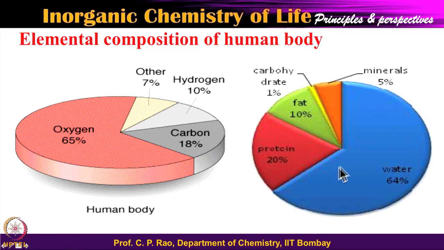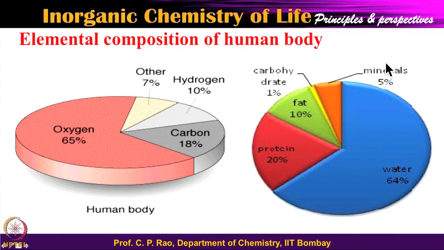The body has a huge amount of water, 64%, which is almost 2/3, and only 1/5 is protein, about 1/10 is fat, and much less is carbohydrate and some minerals, etc. Whatever you have, the really important elements are all within this. Water is the maximum, followed by protein, followed by fat, and the remaining.